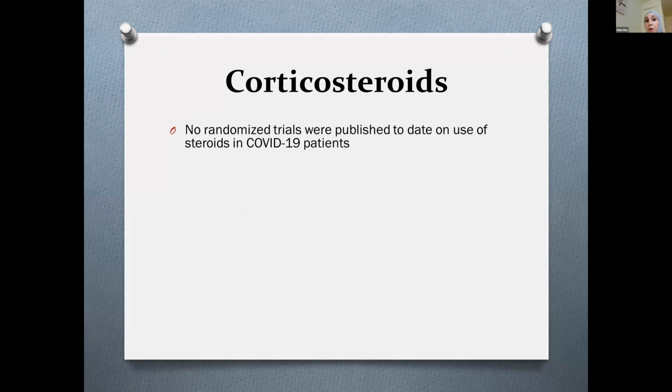So the pro stance: it's really important to know that there were no randomized clinical trials published to date on the use of steroids in COVID-19 patients. The current use is based on retrospective studies, a couple of studies coming out from China, from Wuhan.